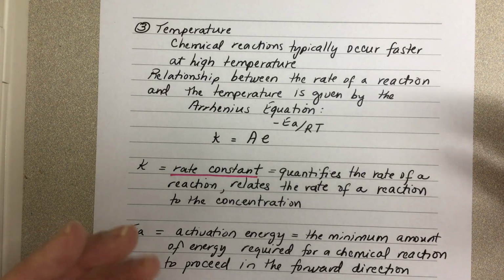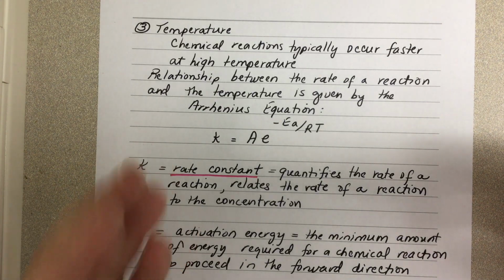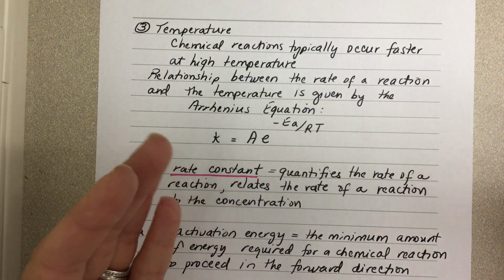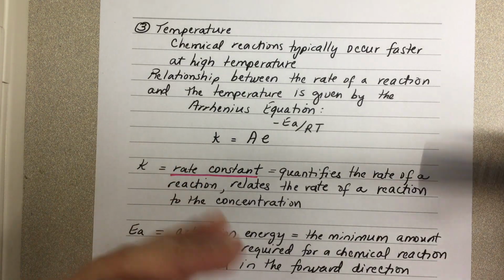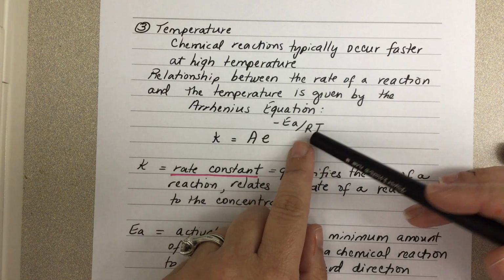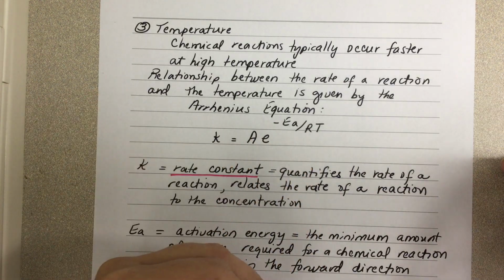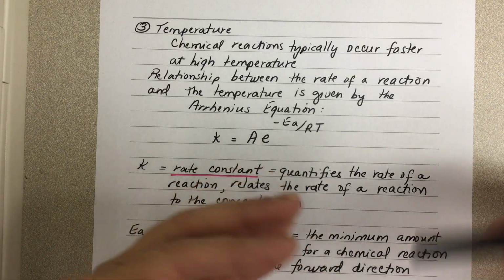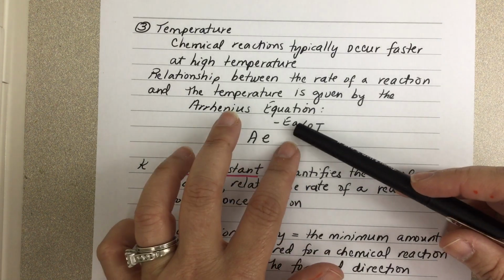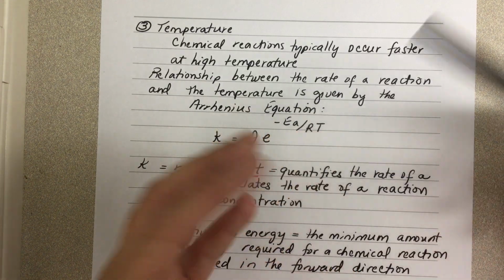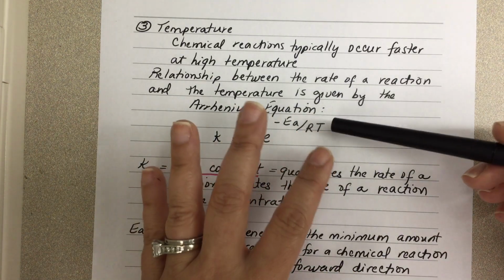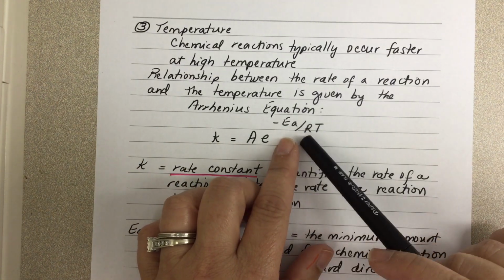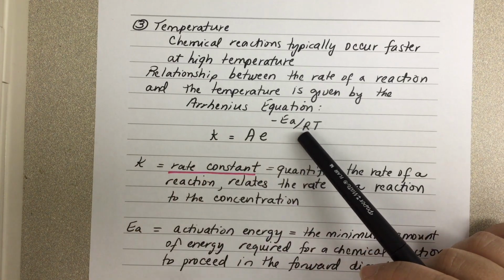Activation energy is just the minimum amount of energy that is required for your reactants to actually go towards the products. R is the gas constant that you know, but we have a different number because we're using different units. We have units of energy here, so we need a number with units of energy. And then T is the temperature. Temperature in kelvins because we have kelvins for the units of that constant.